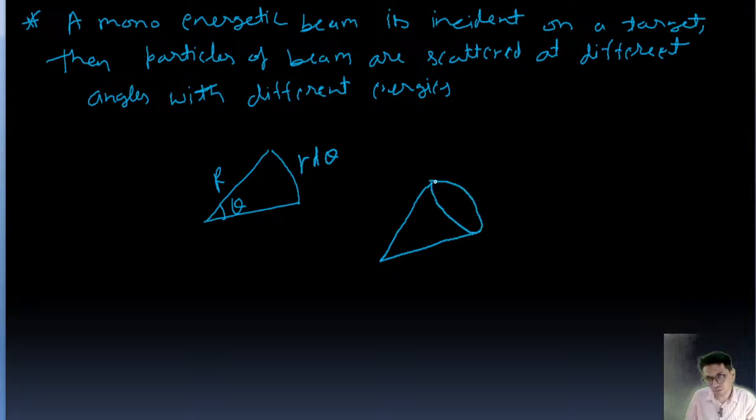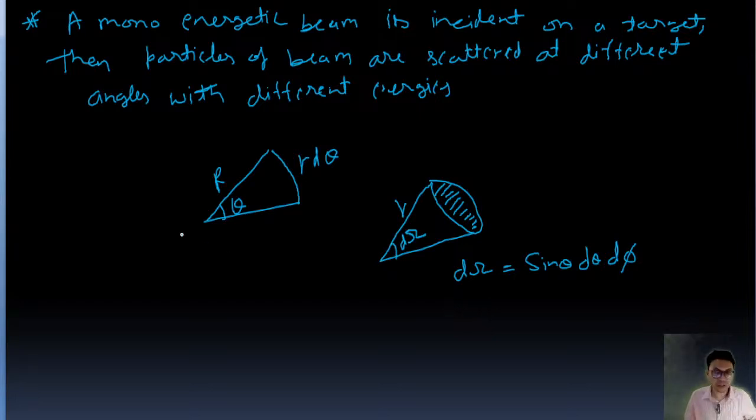This is the surface, and this is the angle d omega, and this is r. In that case, d omega is going to be sine theta d theta d phi. This is the solid angle, d omega.